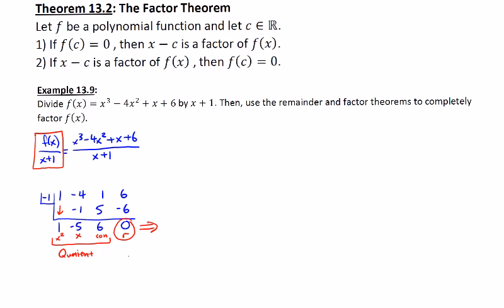So that's exactly what's going on here. It told us to perform a division with f of x divided by x plus 1. So the value that we have here is -1, and the function value for -1 is the remainder that we just came up with, which is going to end up being just 0. So we get that conclusion by the remainder theorem.